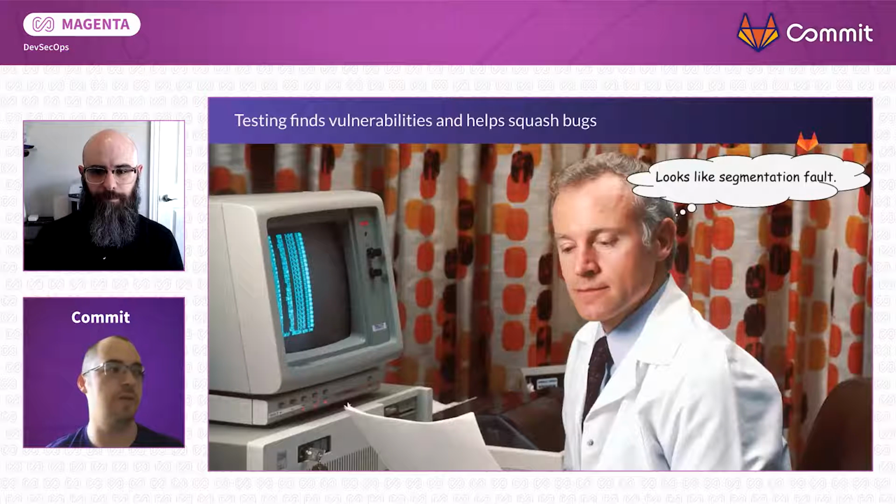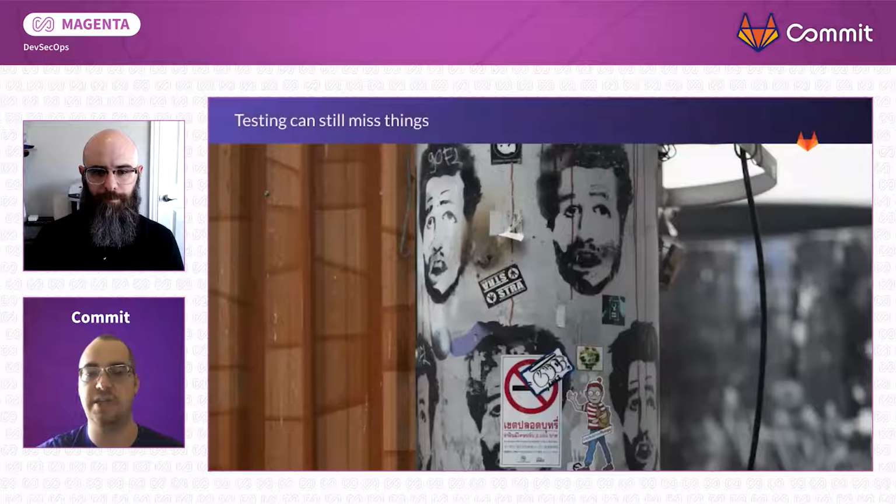But no matter what you do, testing can only go so far. There's always going to be things that can potentially get through your testing and reach your end customers. We have a lot of different types of testing techniques like system testing, unit testing, and many different types of security scanning, but these don't catch every issue that might be in your program.